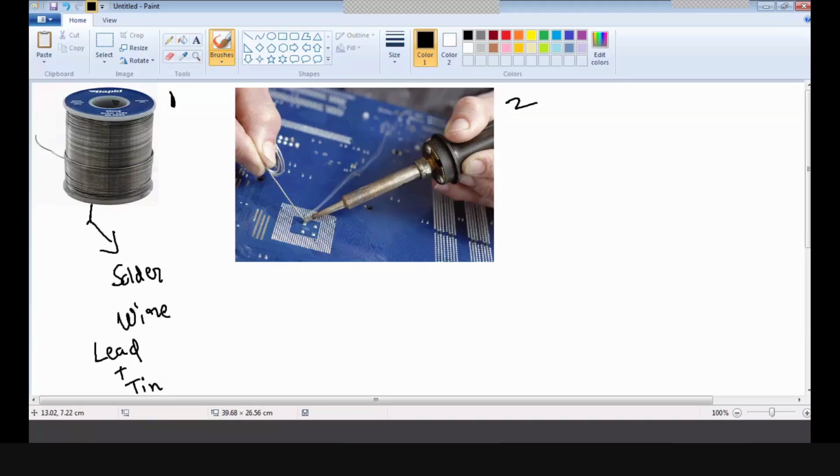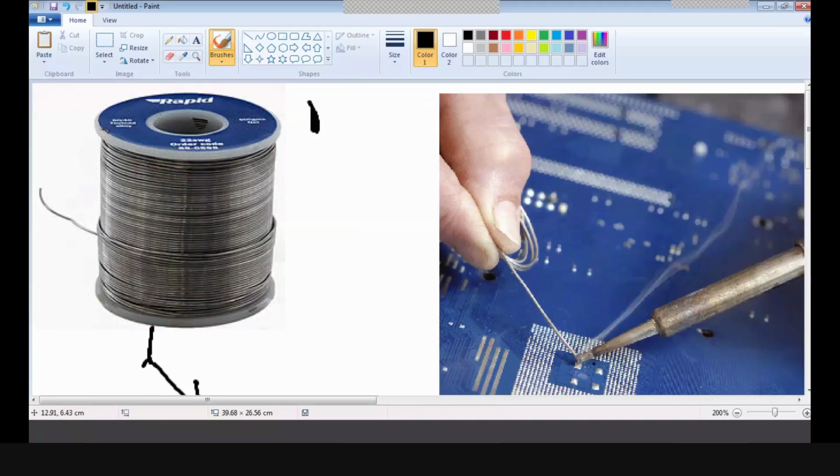Now we can do the soldering. We apply solder here, and this is the soldering machine, the soldering iron, and it is heating the solder and sealing the joints. This is the fume, and this is a very dangerous fume because this wire is made of lead and tin.